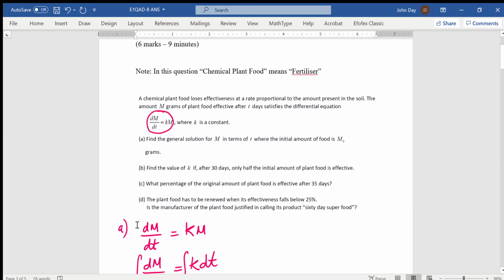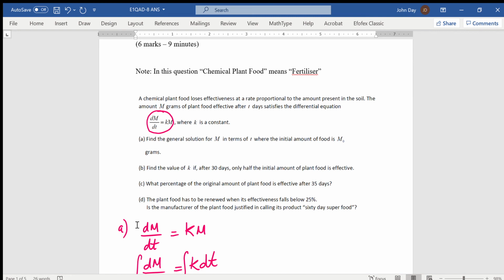And then what else were we asked? The plant food has to be renewed when its effectiveness falls below 25%. Is the manufacturer of the plant food justified in calling its product 60-day superfood? So what they're trying to say is, does it stay above 25% effective all the way up to 60 days?